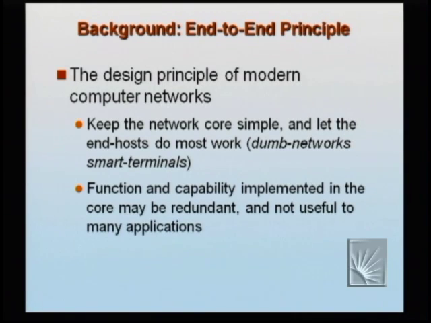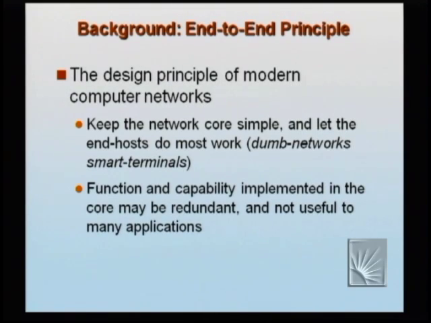It means the network core is really simple. In the middle of the network, elements like routers do very simple work. But the end hosts are very smart. They do more work, for example user interface and enforcing reliability.